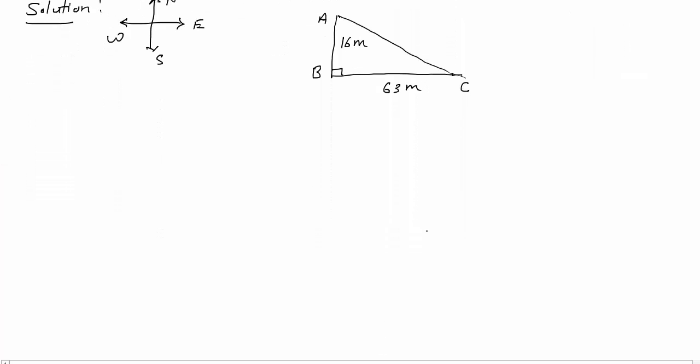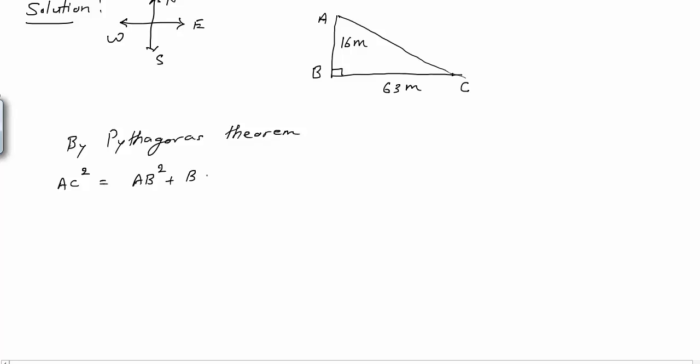From this diagram, we see that we can apply the Pythagoras theorem, as this is a right angle triangle, this angle being 90 degrees. So by Pythagoras theorem, AC square is equal to AB square plus BC square.